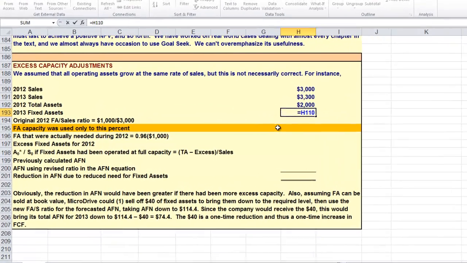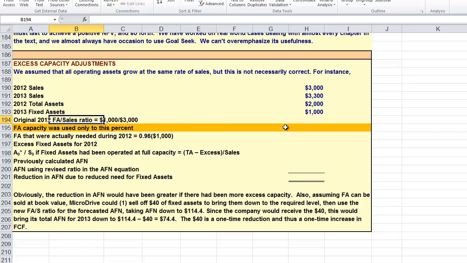And then our original 2012, actually, let me make a correction here. This should say 2012 fixed assets. That's why I was lost a little bit there.